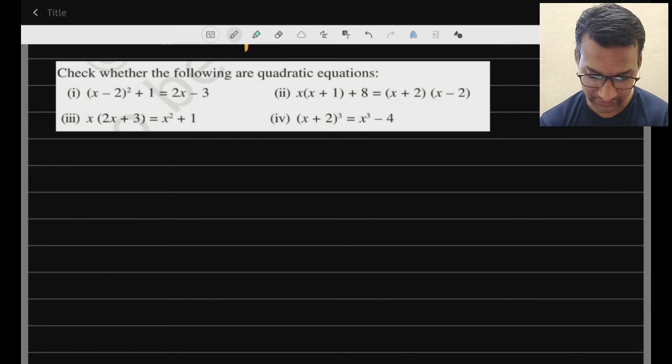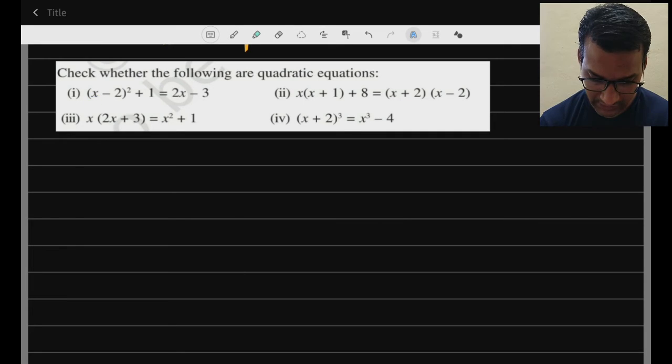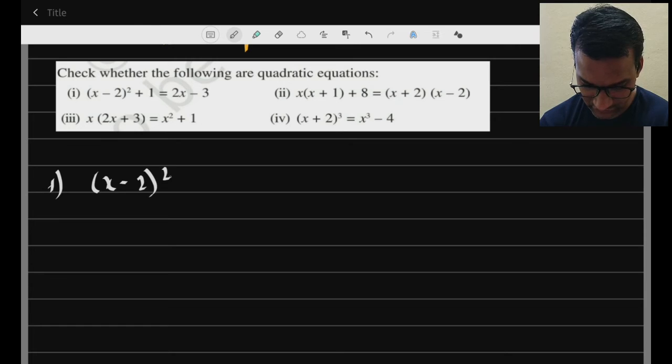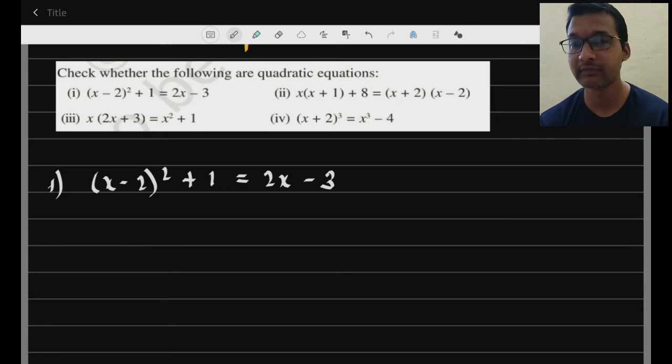In the first example, they have given (x minus 2) whole square plus 1 is equal to 2x minus 3. Now we'll have to solve this.